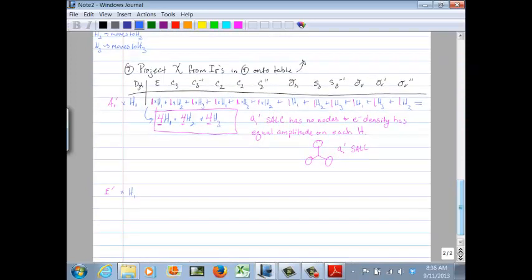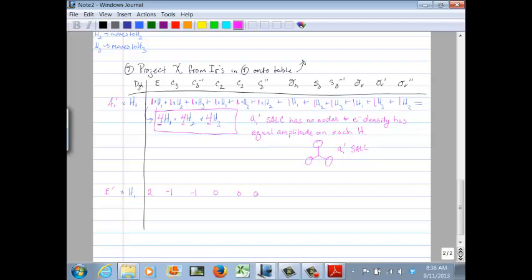So E times H1 from the table above. E is a little harder. You have to keep track of your numbers. For E, the character is 2. For C3, it's -1. So the 2 different C3s get a -1 character. For C2, it's a 0. So all of those C2s get a 0.